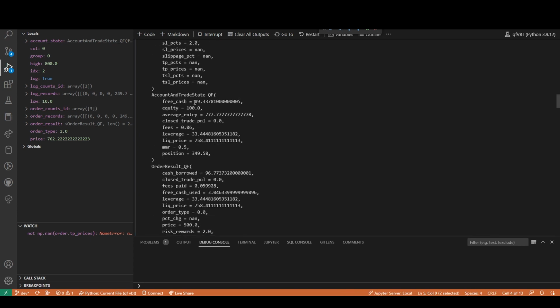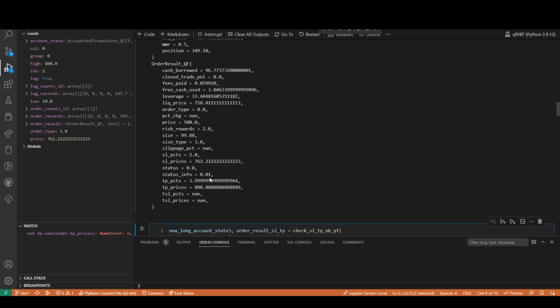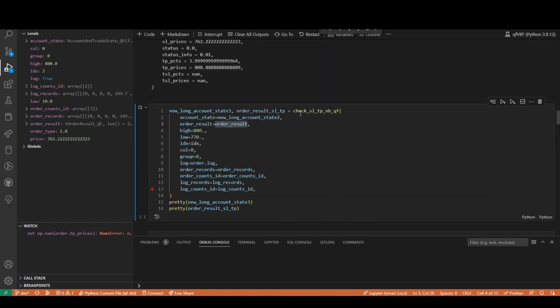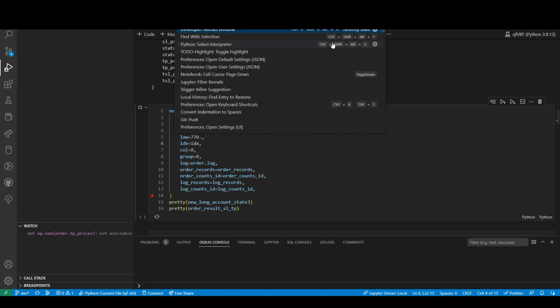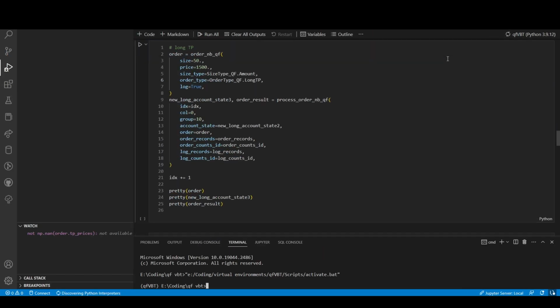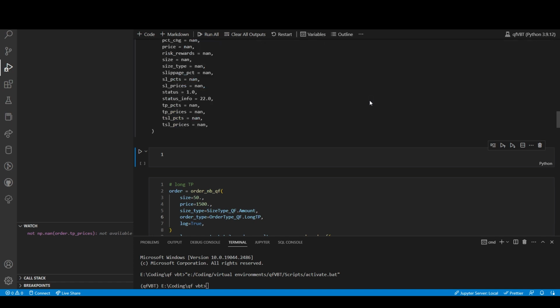What's my average entry? 777. So my stop loss is at 762. So let's make it 770. Oh fuck! I think I broke the thing. I broke it.